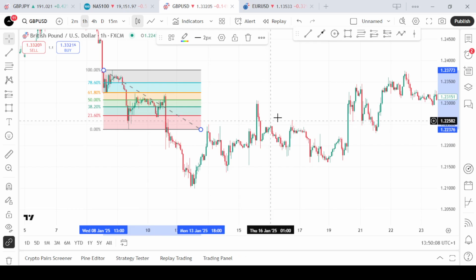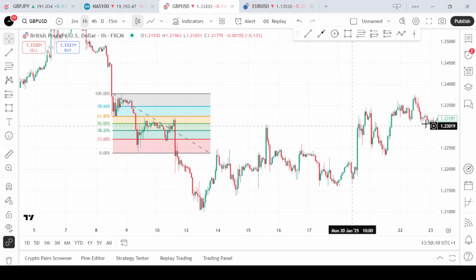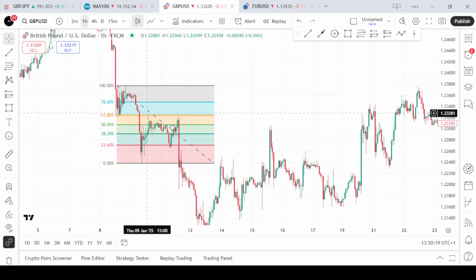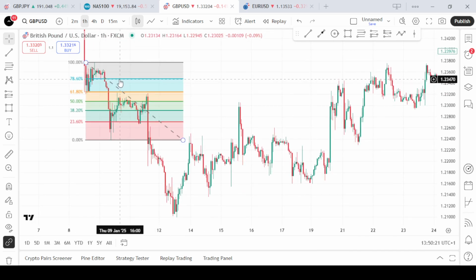The golden pocket is a zone between the 61 region and 65 region. So it's between this 61 region and this 78 region.